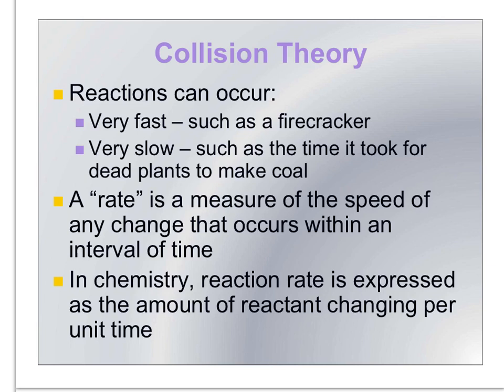I start out with my reactants, and as the reaction progresses, my reactant concentration goes down, and I start forming products, so my product concentration increases. So that's how we measure the reaction rate. It is expressed in the amount of reactant or product really changing per unit time.